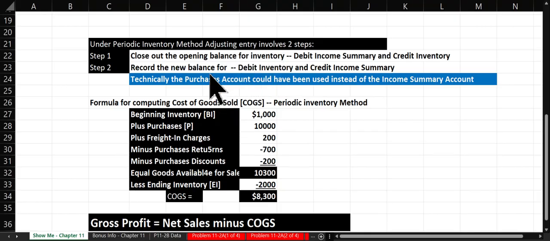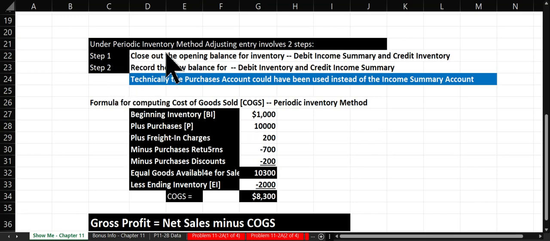One is called the periodic, where we use the purchases account to record the initial purchase of inventory, and then at the end of the fiscal period, we will make the adjustments to close out the purchases and record the unsold amount in the inventory account. Then, of course, there is the perpetual inventory method, which continuously updates the inventory account, and it certainly does make life a lot easier.